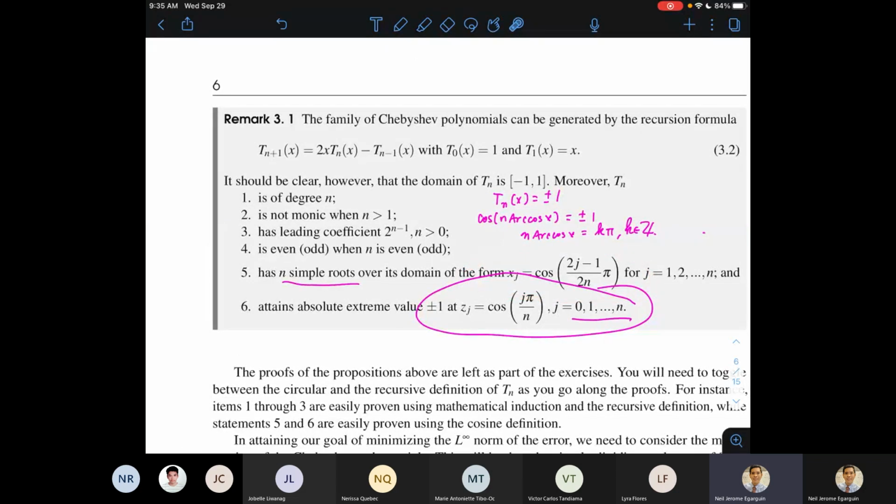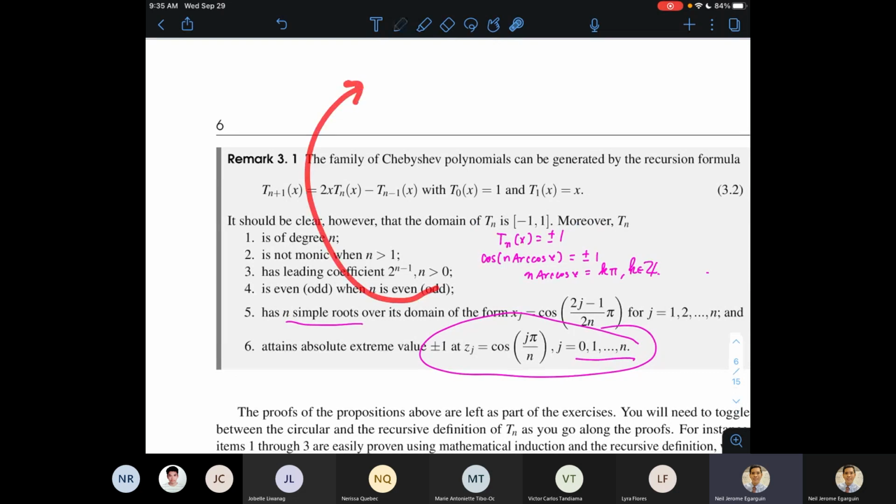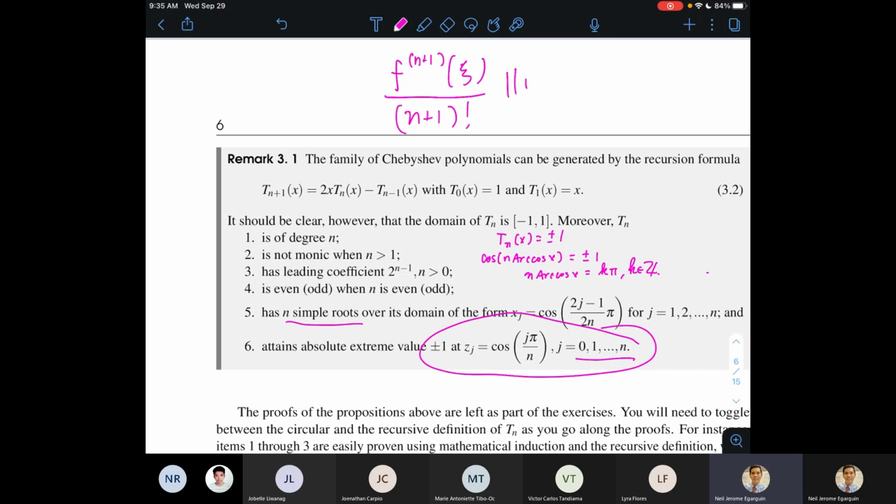So kung nag-interpolate ka pala on the interval negative 1 to 1, kapag yung mga x subies, yung mga interpolatory abscissas, ay ginawa kong equal dito, sure ako na makukuha kong omega or yung factor dun sa error term will have the minimum L infinity norm, which is equal to 2 to the 1 minus n. So ibig sabihin yung error, magiging f to the n plus 1 of psi all over n plus 1 factorial. Hindi natin to ginalaw. We're still using n plus 1 points. Pero instead of L infinity norm ni omega dito, pwede ko na itong palitan ng 2 to the negative n.